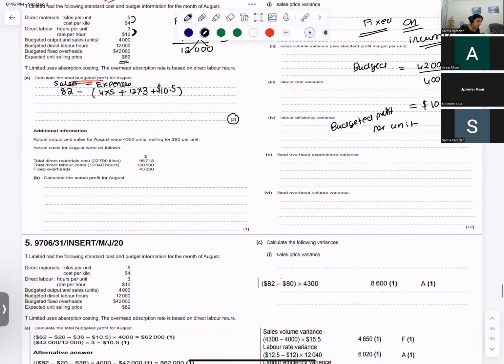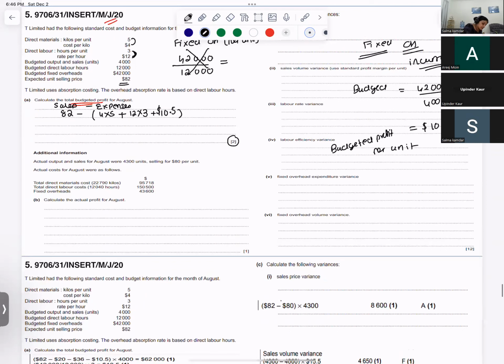Are you with me? Yes. So sales minus expenses is 20 plus 36 plus 10.5. What is the total expenses? $20 plus 36 plus 10.5, so the total expenses is 66.5.